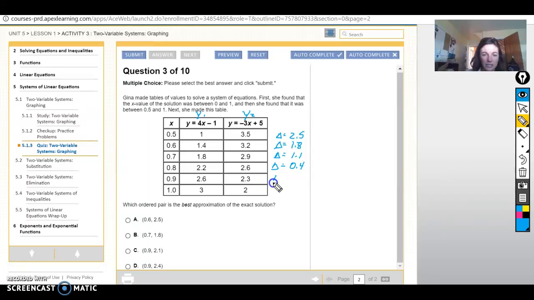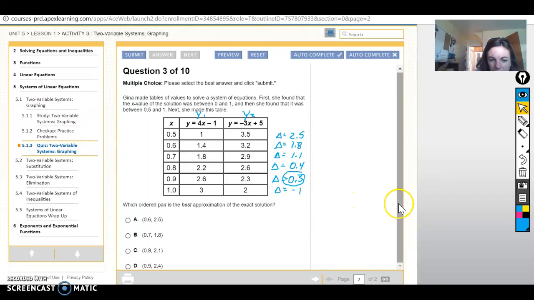The fifth one here is 0.3, and that might be a negative there. Then I have a negative 1. So now we can see that the closest they are together happens at 0.9.